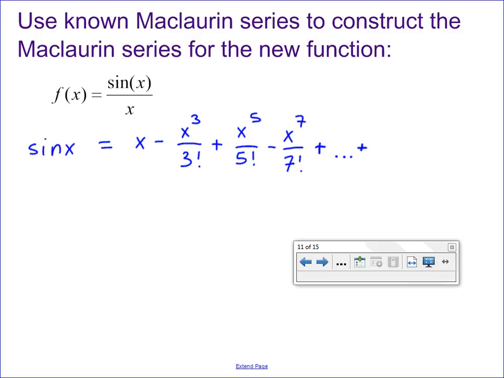And what's our generalized form for that? So what would our sine of x generalized form be? Well, it looks like it's negative 1 to the, how'd you guys do it? Did you guys do n plus 1? To the n?